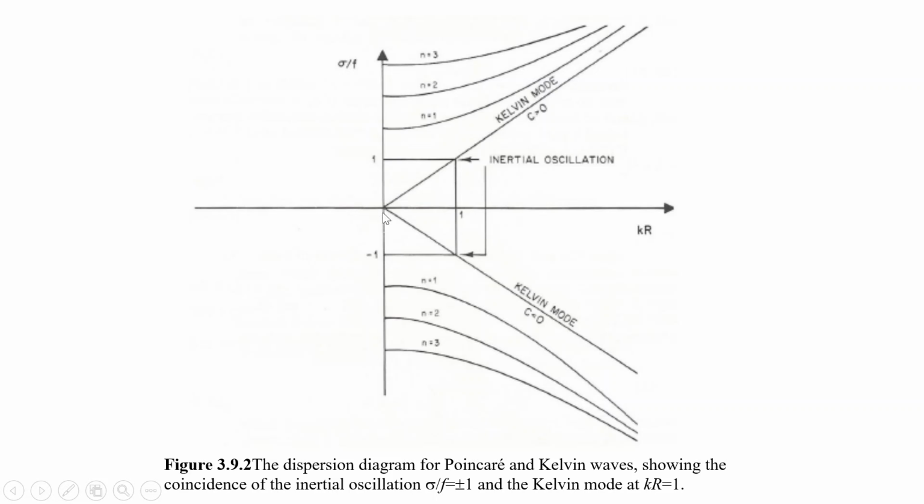Okay, and then you have the Kelvin waves on the two sides, one eastward moving, one westward moving. And then the two points here are the inertial oscillation that I'm not going to talk about here, but you can look into the description about the inertial oscillation in the notes.